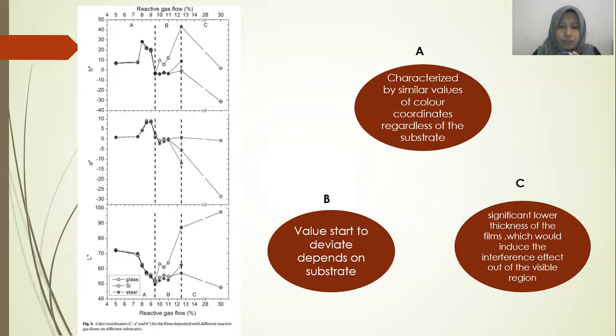Therefore, we could see the films in region A are characterized by clear crystalline structures formed by metallic Zr, nitrides and or oxynitrides.